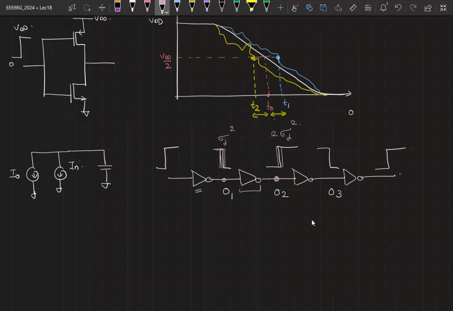Therefore, the jitter is going to get added in power as you go through the sequence. So now if you had n inverters in cascade, the total jitter power at the output will be n times sigma j square. In other words, the RMS of the jitter seen at the output will be root n times sigma j.